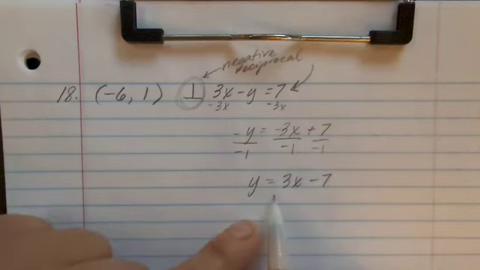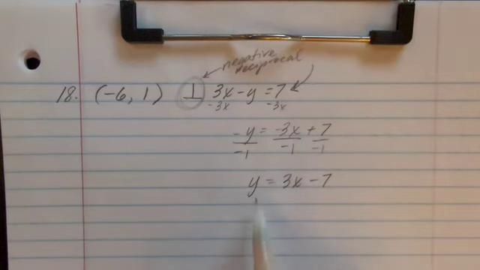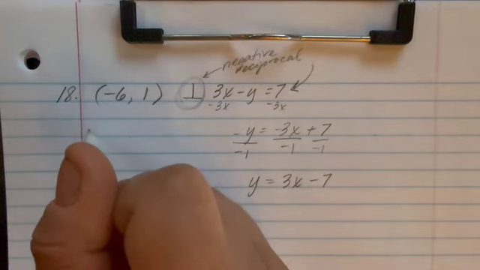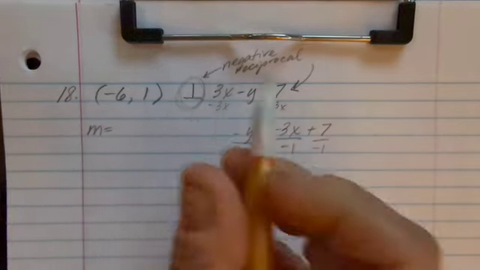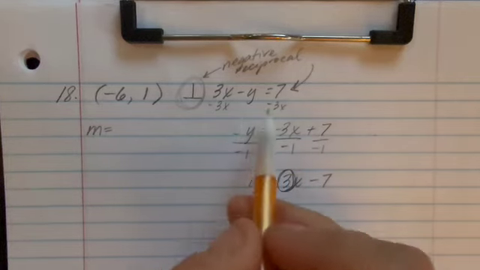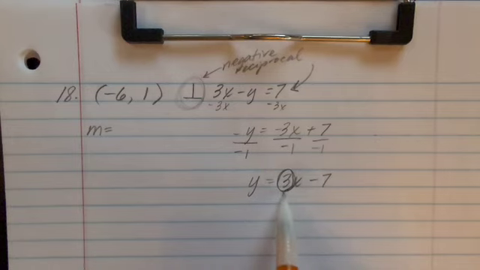That's not my equation yet. That's just this equation in slope-intercept form. So we know that our new line is going to have a slope that's perpendicular to this slope. The slope of this line here is 3.